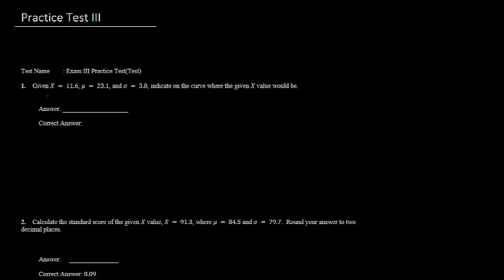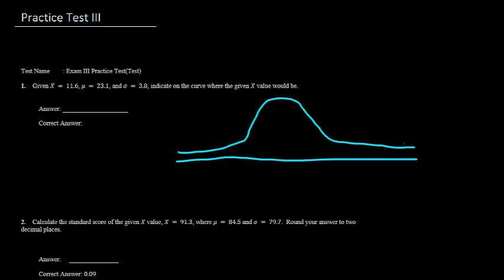Okay, given x is equal to 11.6 and mu is 23.1 and sigma is 3.8, indicate on the curve where the given x value would be. So in this case, you're probably just going to draw it out. So there's a curve. You know that mu is 23.1, so whatever's in the middle here is going to be mu equal to 23.1.